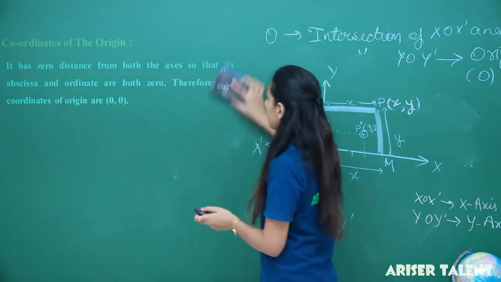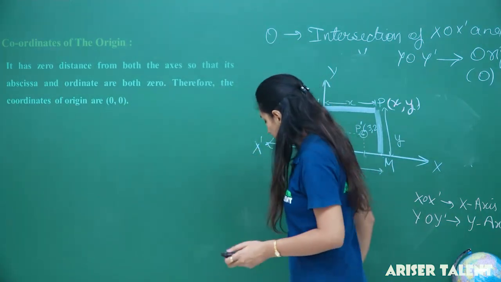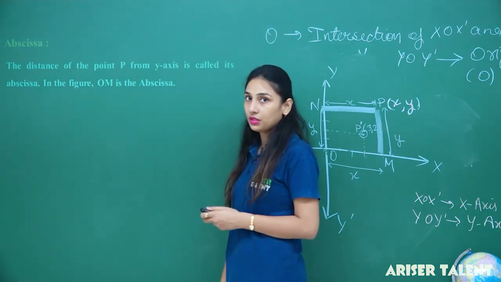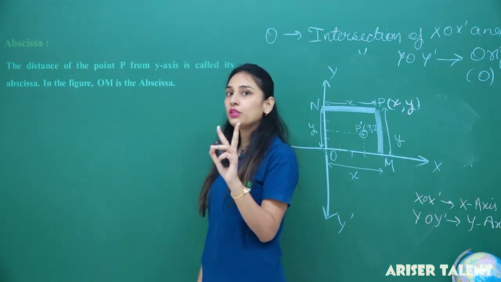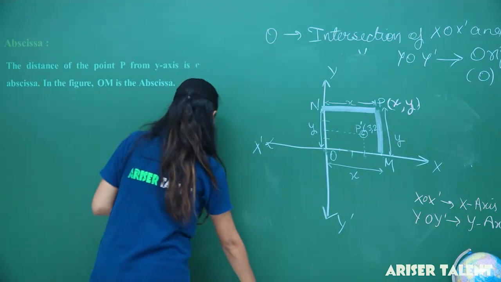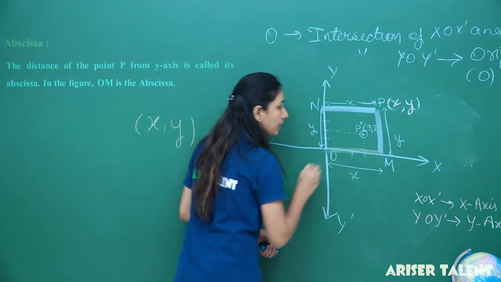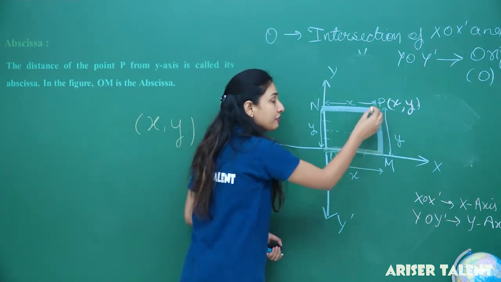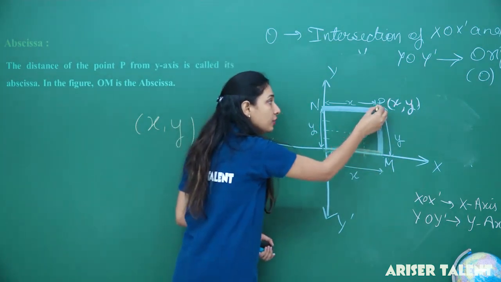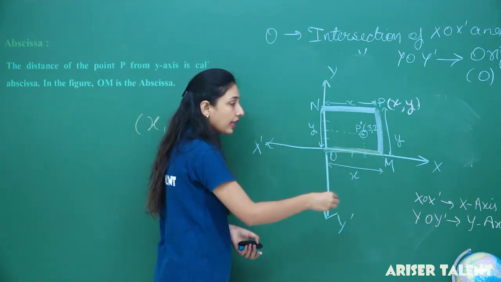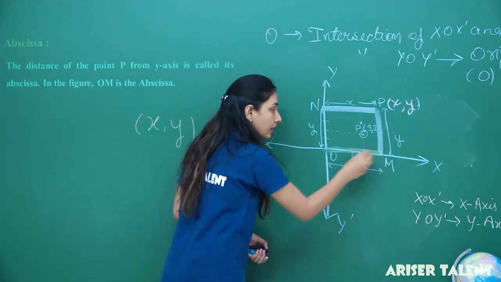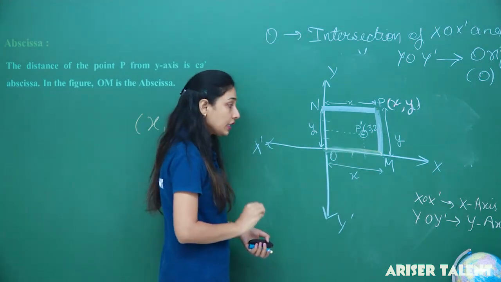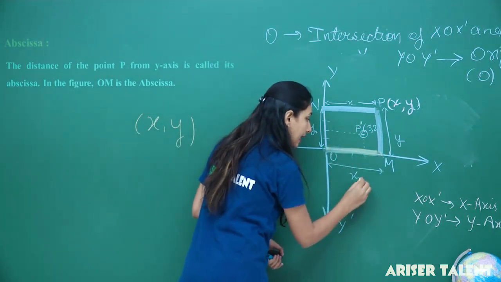You can just write this definition, guys, it's important. Now, abscissa. What is abscissa? We are having two things here, x, y. So, OM. That means if this is the point and we are drawing a perpendicular to that, then the distance of this point from the origin on the x-axis is the abscissa.